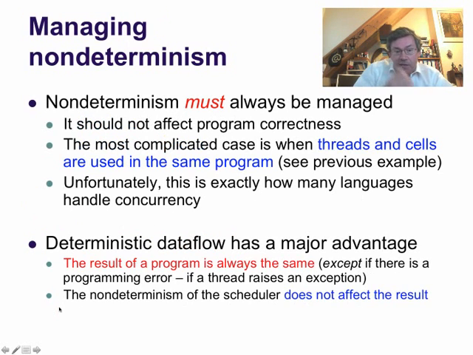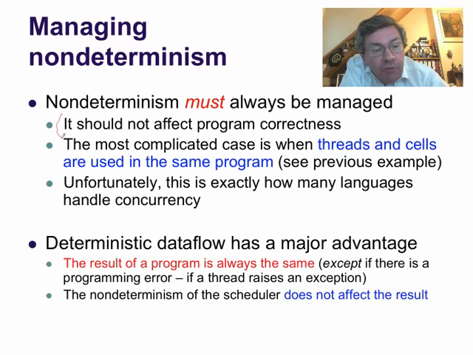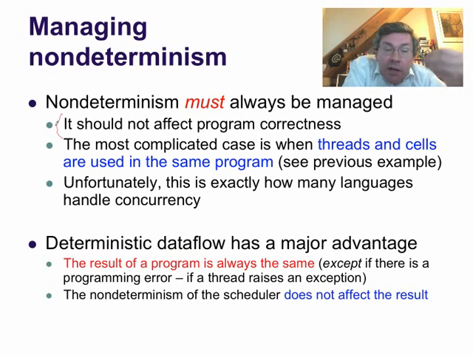Okay? Now, non-determinism has to be managed. Non-determinism is an enormous source of errors, especially if it's unwanted and unmanaged, since it can appear at any time. In fact, the hardest case to manage is when both threads and cells are used in the same program, like in the previous example.